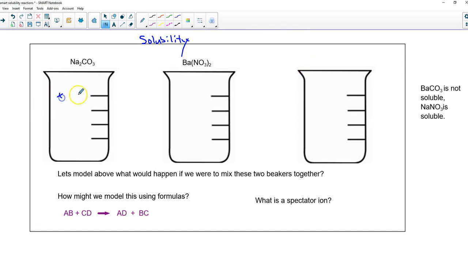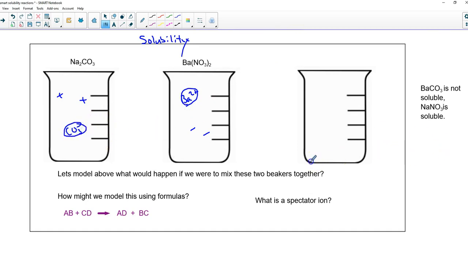So here I have a cation, two sodiums, and a carbonate. Here I have a barium and two nitrates. Let's model what happens above. I mix the two together, and in this case, the barium and the carbonate attract very well and do not dissolve very well.